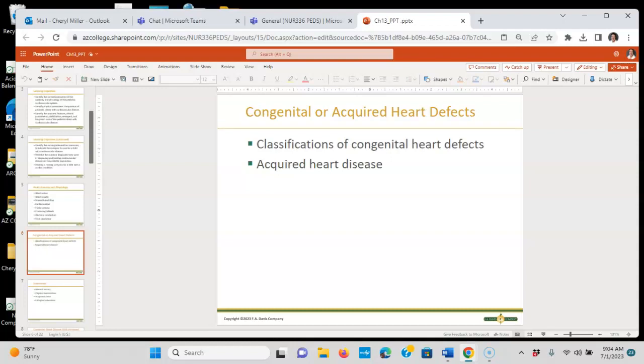All right, so there are classifications of congenital and acquired heart disease. You're going to need to know these things because they're going to give you a case and you have to decide what it is. So atrial septal defects means that the wall between the atria is open. The septum didn't form correctly, so the deoxygenated and oxygenated blood are mixing.